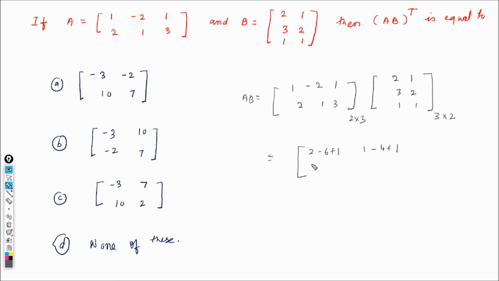So 2 into 2, 4 plus 3 plus 3, 2 plus 2 plus 3. What will this be here? This will be minus 3, minus 2, this is 10, this is 7. So the answer will be minus 3, minus 2, 10, 7.